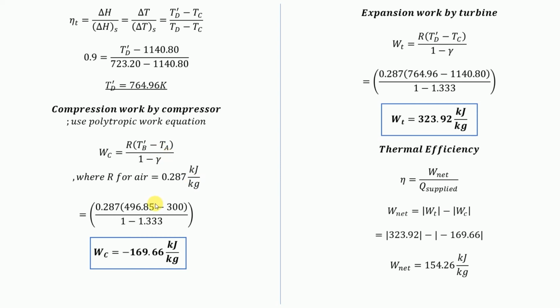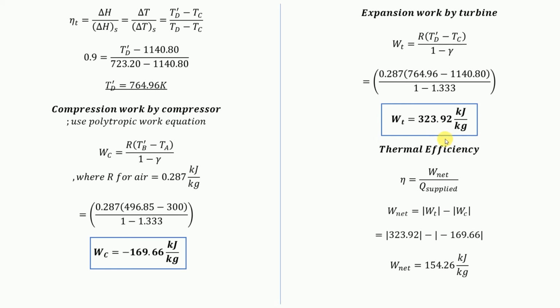Substituting the values, we get the value for the compression work to be negative 169.66 kilojoules per kilogram. Next, we get the expansion work done by the turbine by using the same polytropic work equation. Substituting the values, we get the expansion work by the turbine to be 323.92 kilojoules per kilogram.